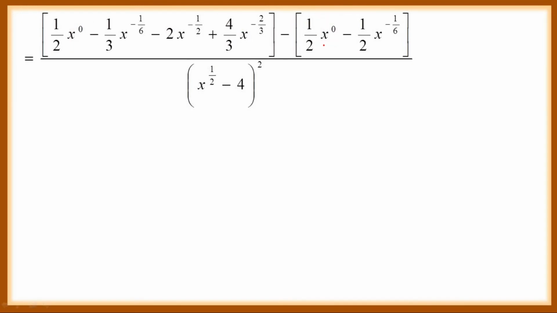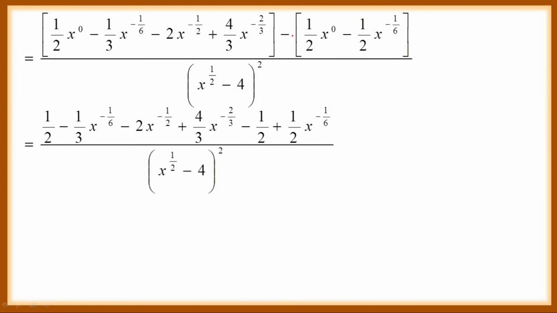For this part, since this is negative sign, subtraction for this term, papalitan natin yung signs nung nasa loob. This will become negative, this will become positive. Ito ang magiging itsura niya kasi naging negative 1/2 and then this becomes positive 1/2 x raised to negative 1/6.